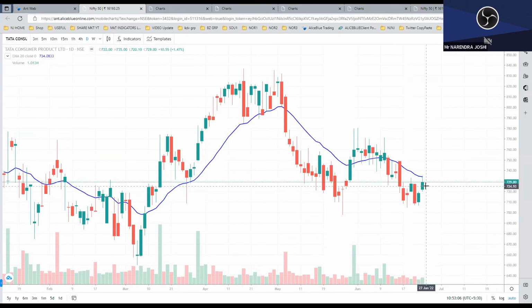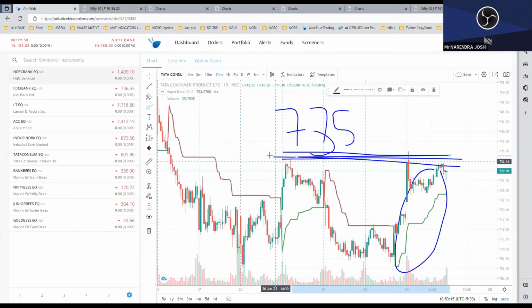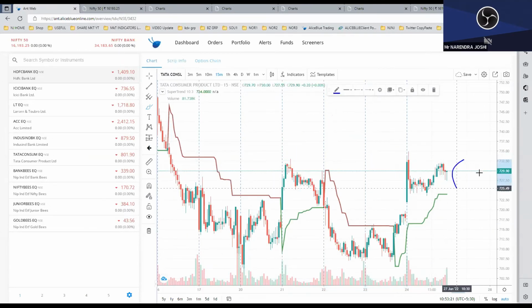Now see, there is a resistance on the chart and the stock is almost at this 20 EMA resistance level. In intraday, if you are hitting this level as a resistance and the market is opening somewhere around this level, inside the previous day's range, then you have to wait for this to break.